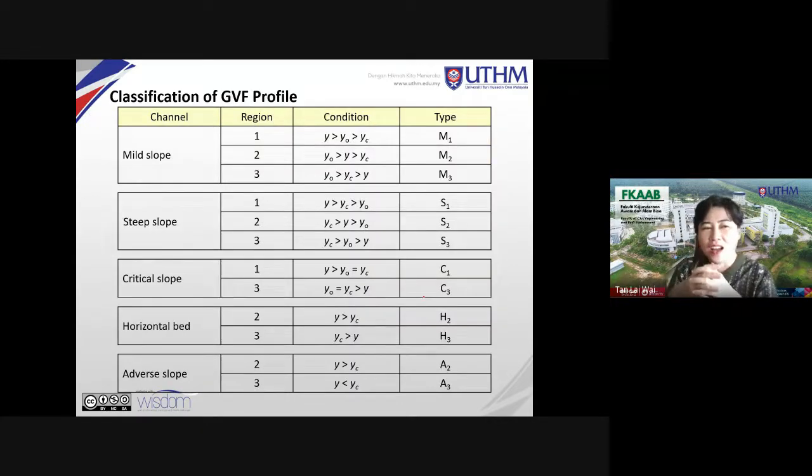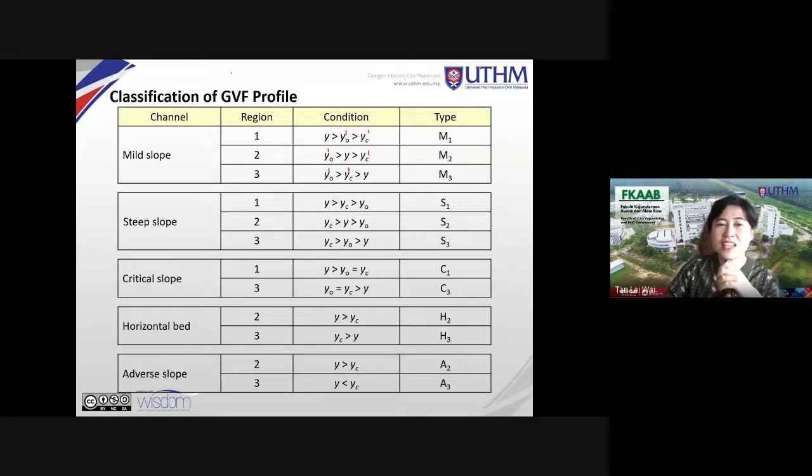Now, since you already know what M is, look at this: Y naught greater than YC. Now, what is Y? Y is the depth of flow, which is not Y naught and which is not YC. It is the instantaneous depth of flow.